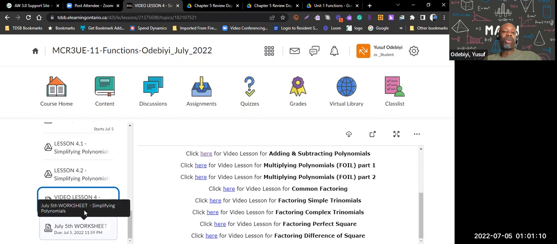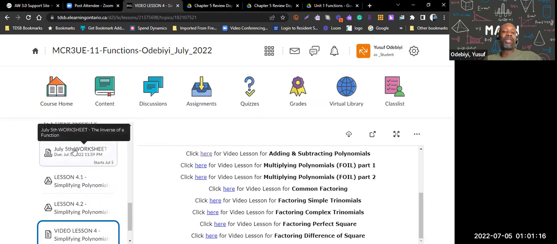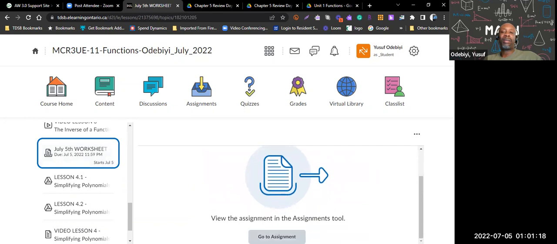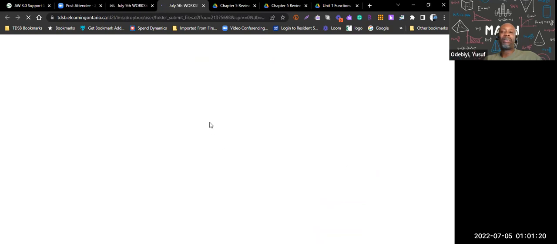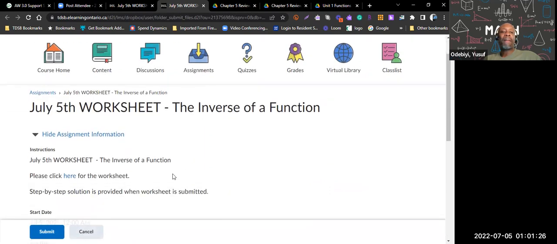So let's look at each of the worksheets. This worksheet is for the inverse. Let's look at that one. Go to it. So we click on that. What does that one look like?